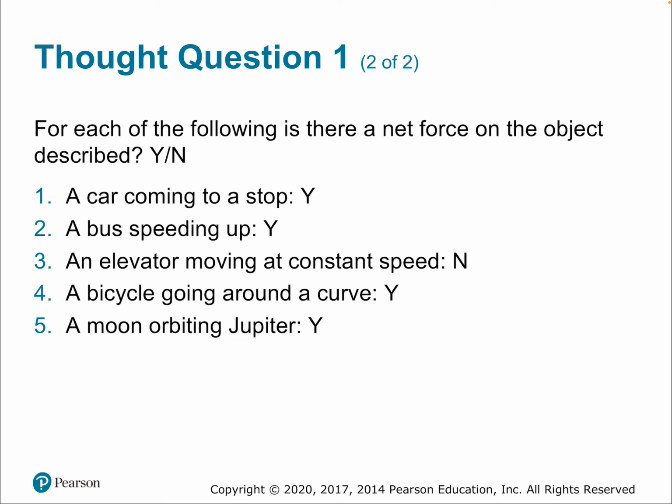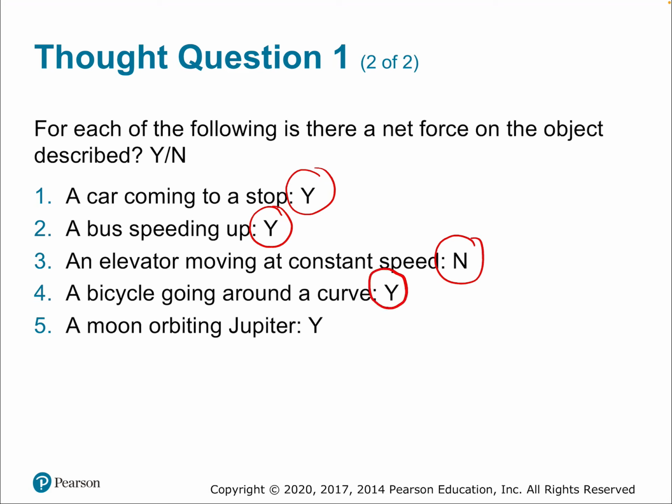Let's see the answers. All right, so it was definitely yes for the slowing down, negative acceleration, positive acceleration for the bus speeding up, but the elevator moving at constant speed, even though it's going up, the fact that its speed is constant and it's not turning, yep, well, that is not a net force, okay? Now, a bicycle going around a curve, even if it's going at constant speed, which was not specified, would still be a force because it's turning.